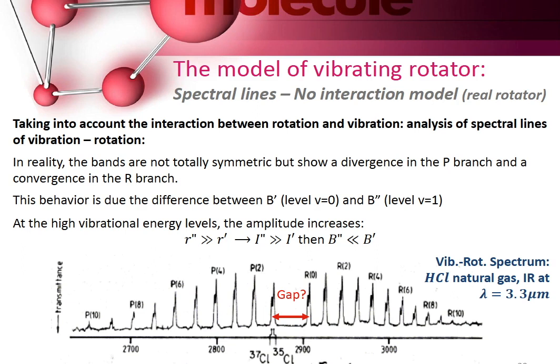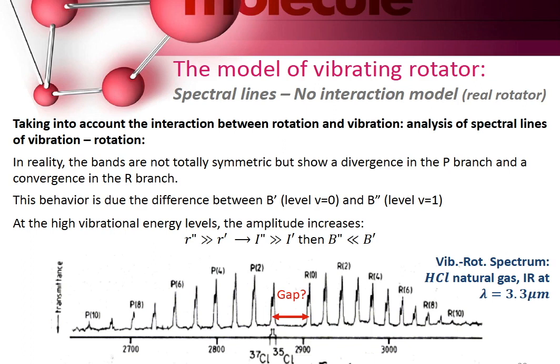However, experimentally speaking, this is not the case. In fact, this behavior comes from the fact that the first approximation of the non-interaction between the vibration and rotation of a molecule is not correct. In fact, there is an interaction.